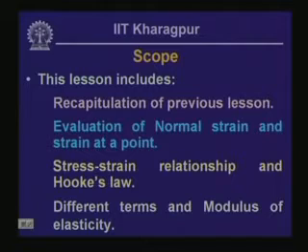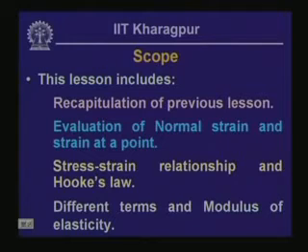As the scope of this particular lesson includes, we look into certain aspects which we discussed in the previous lesson through the question answer sessions. The questions which we posed last time we will discuss in this lesson before we proceed forward. We will evaluate the normal strain and strain at a point.